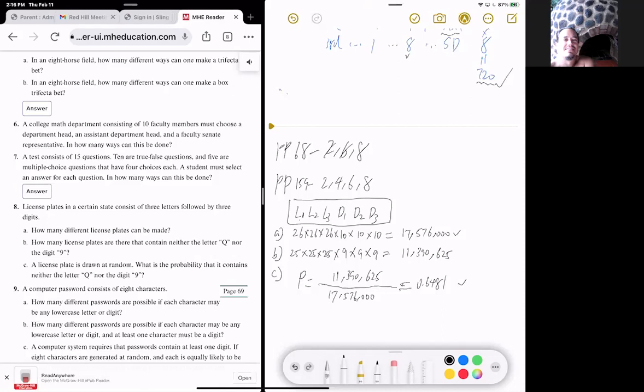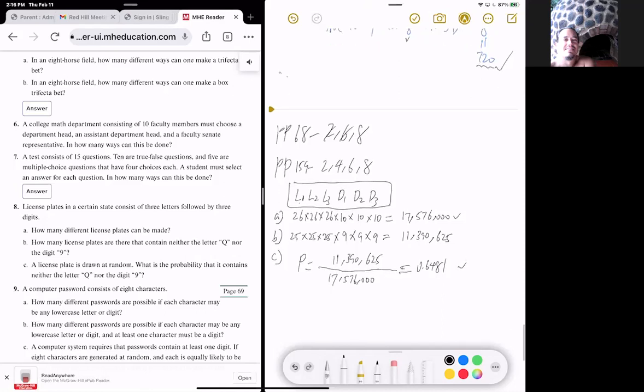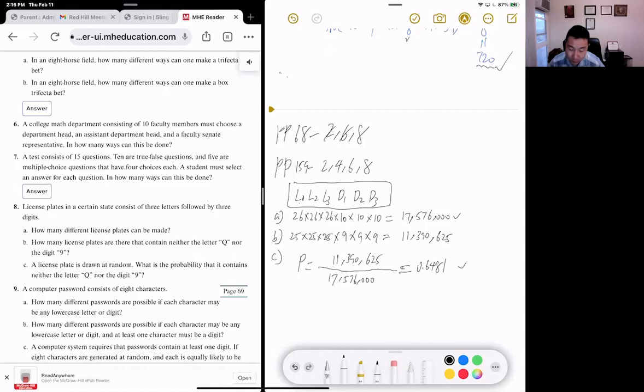So A and B are pretty straightforward, and C is a permutation problem or a probability problem? C is the probability. P is for probability, not for permutation. So it is asking the probability that the plate contains neither Q nor 9.